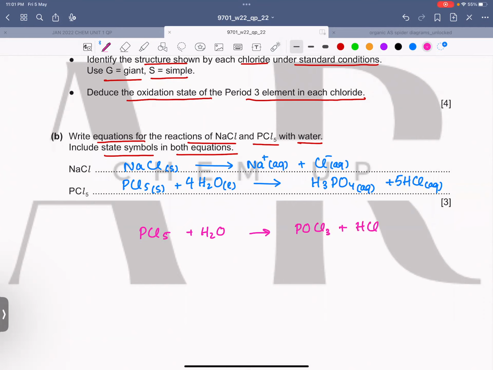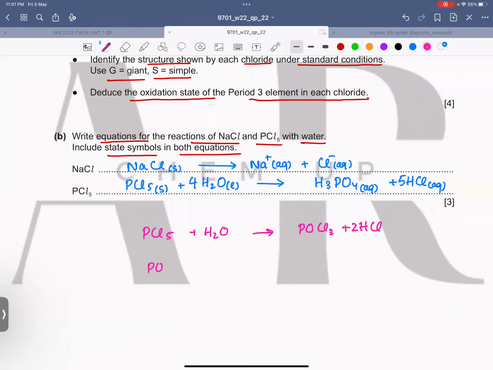If you balance this equation, you have to put 2 over here, and there is 1 mole of water. So that POCl3, when formed, continues to react with water, and here you are going to get phosphoric acid, H3PO4, and HCl. So see, there are 3 chlorines, which makes it 3. There are 6 hydrogens, so I would put 3 over here. Now, look over here. The reaction actually occurs in 2 steps.